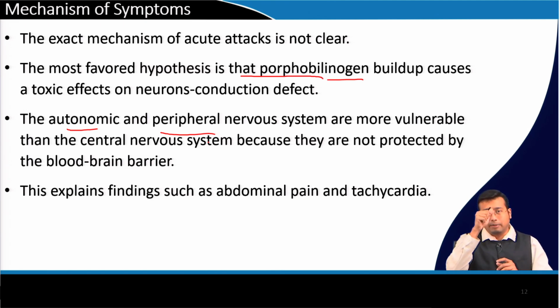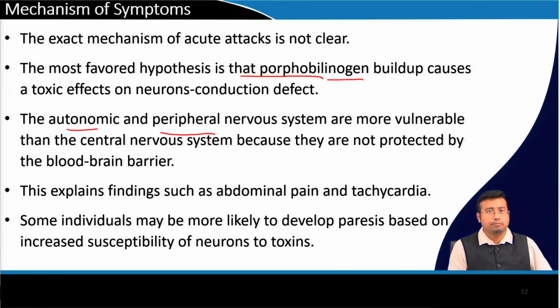Among them, the brain is actually protected by the blood brain barrier. This is the basic physiology. So, explanation of the findings such as abdominal pain and tachycardia are mainly attributed to the nerve conduction defect caused by the accumulation of toxic porphyrins, right. And the toxicity may progress so much in some cases that it may also lead to paralysis. Okay.